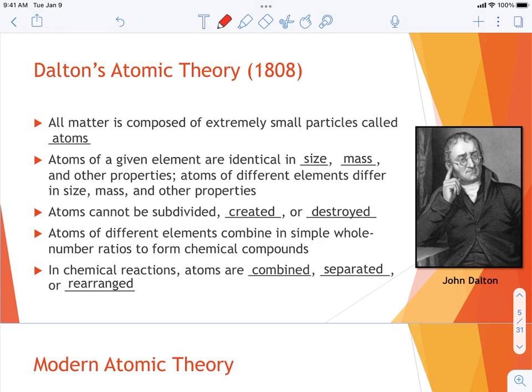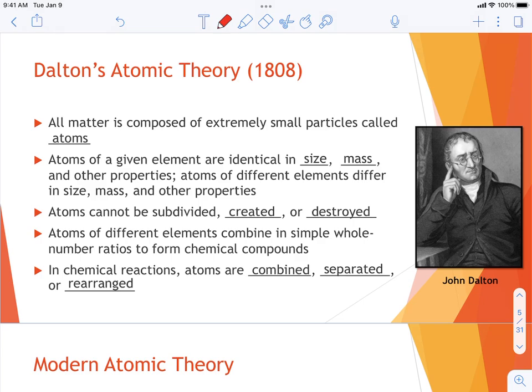His first point says all matter is composed of atoms. His second point says atoms of a given element are identical in size, mass, and other properties. So all of the atoms of, pick an element, pick gold, he's saying every single atom of gold is identical in size, mass, and other properties.